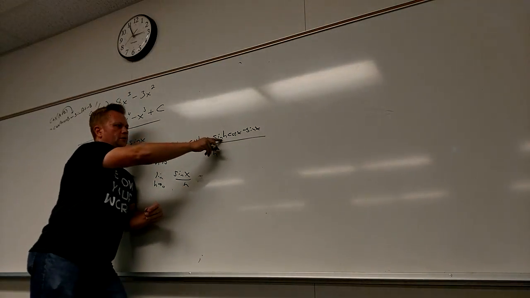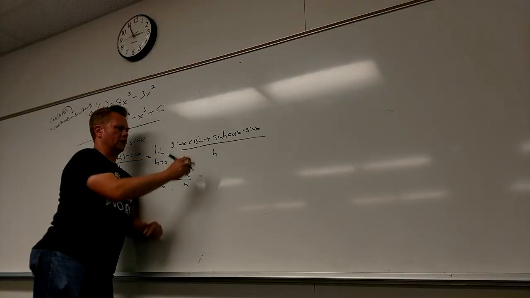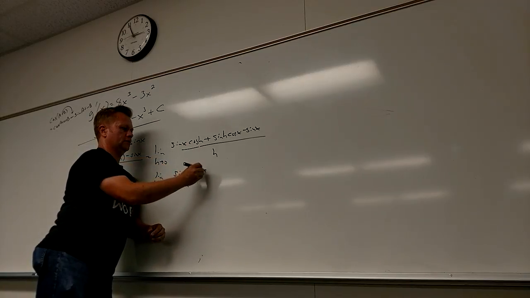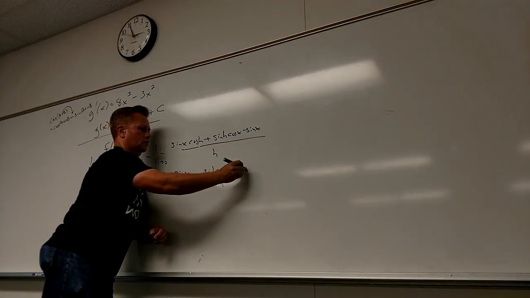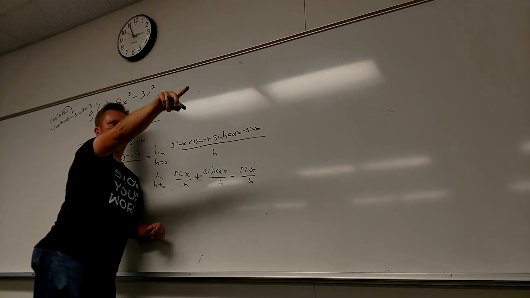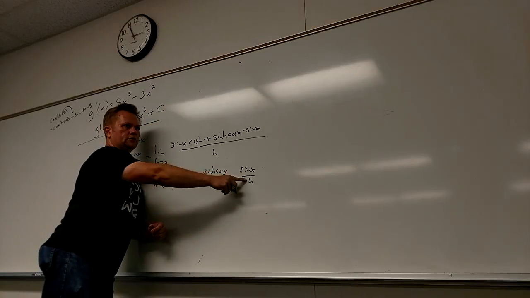Oh, and this is where we've got to be a little careful. I am waving my hands a little bit here, but I can split it up like that. These two, of course, cancel.